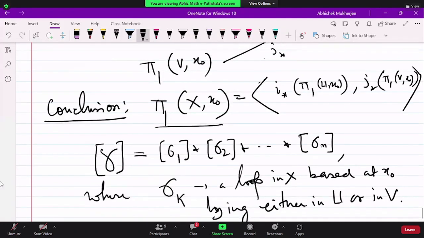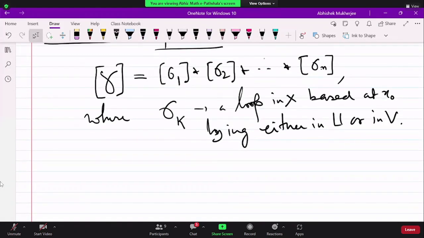Now, since we are dealing with paths, that means maps from the closed interval 0, 1 to X, we are concentrating on the compactness of this closed unit interval.